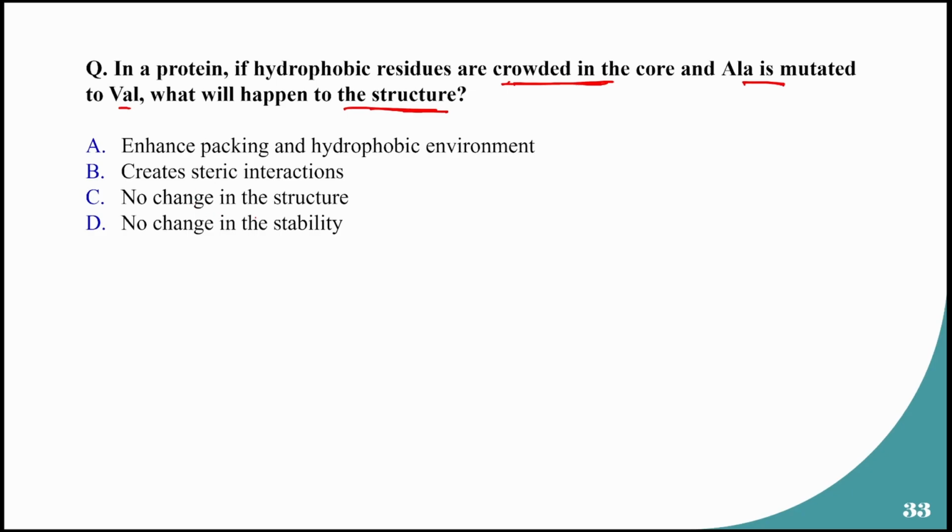Yes, it will create steric hindrances, because if you look at the size of the residues, the R group for alanine is CH3, right? But in the case of valine, you have CH, CH3, CH3. So it's a bigger, bulkier group.